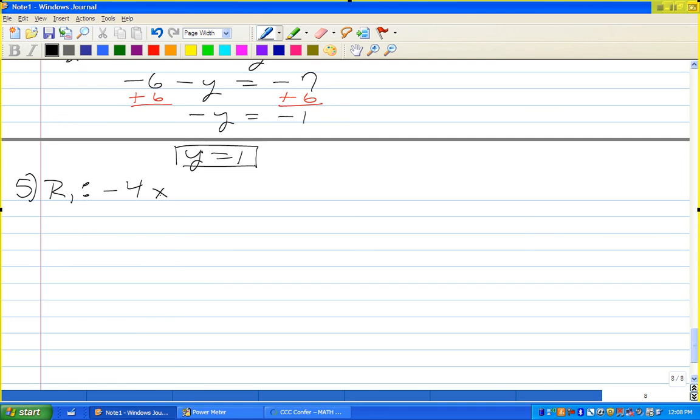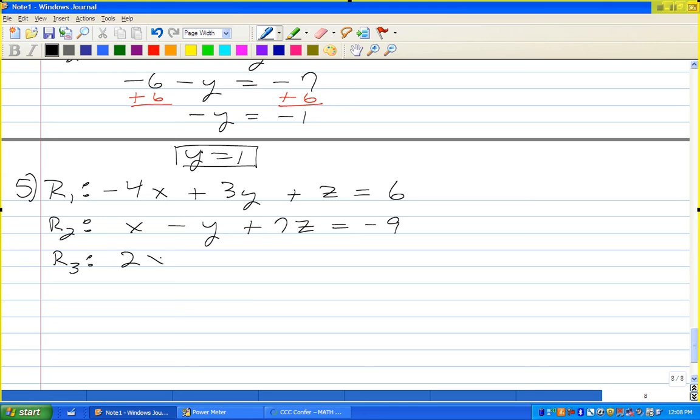Negative 4x plus 3y plus z equals 6. R2: x minus y plus 7z equals negative 9.